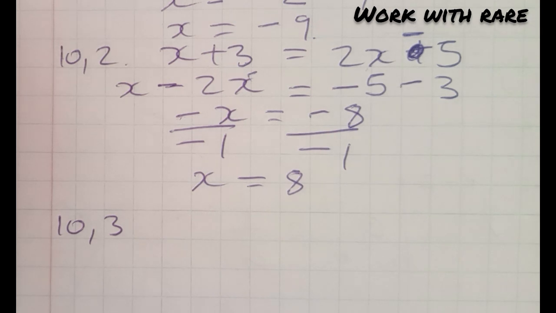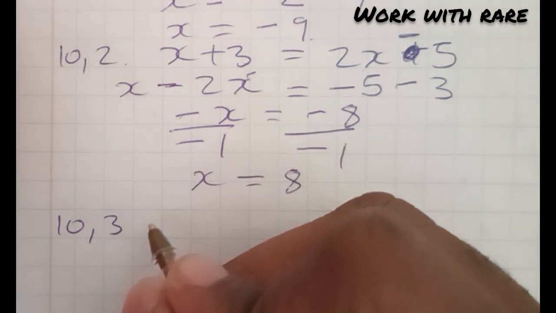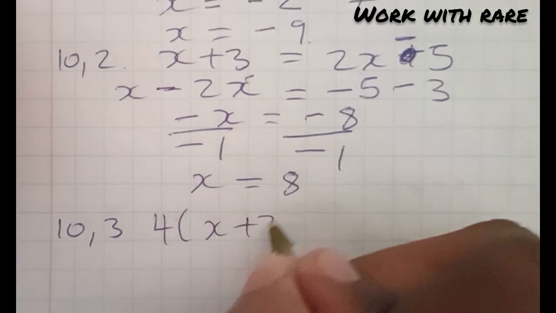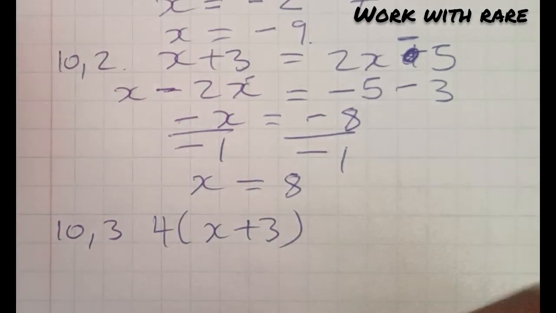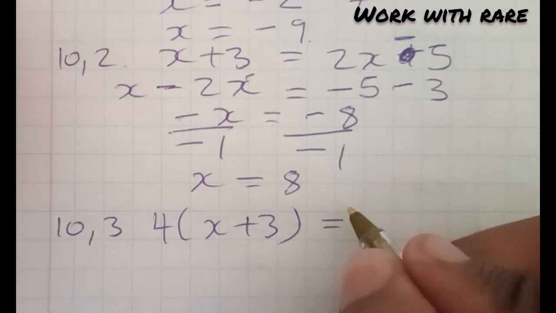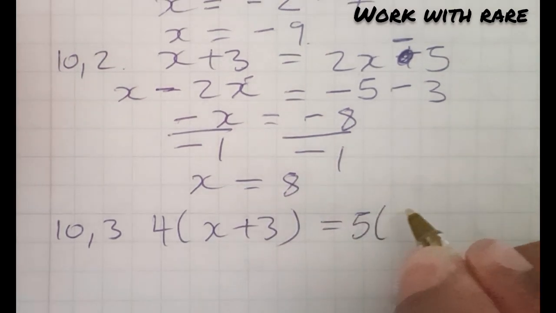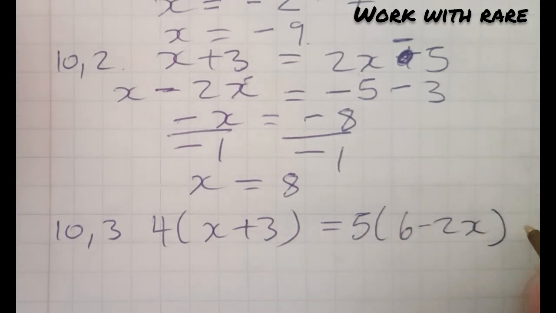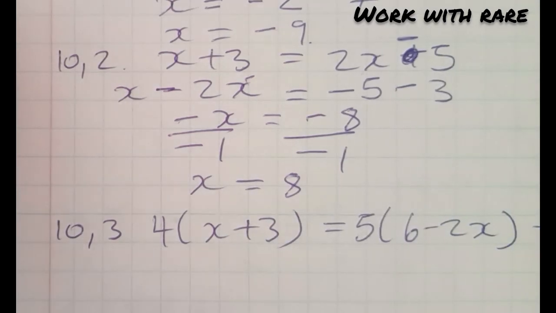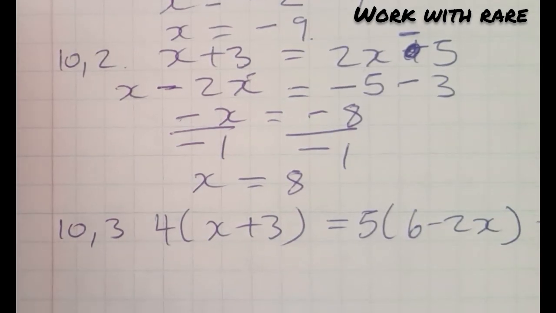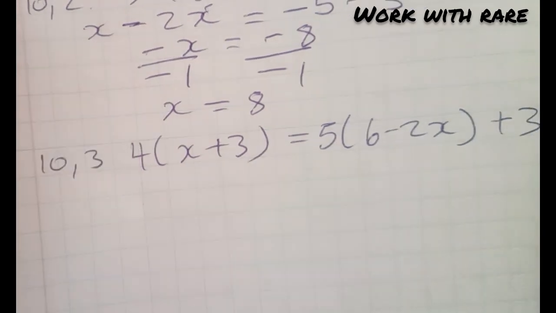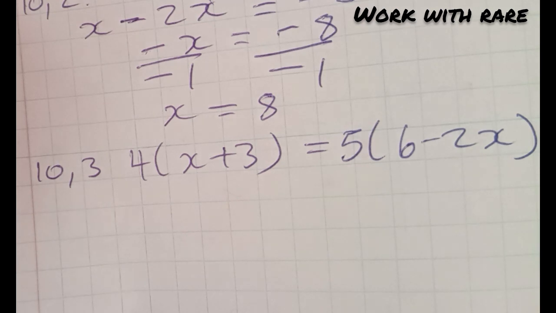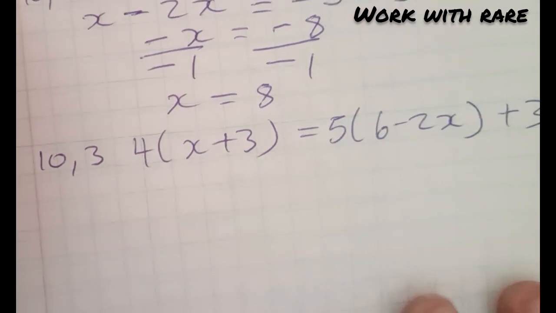So 10.3 says, remember, we are solving for x. We have this bracket. 5, now I open a bracket. 6 minus 2x plus 3. Okay, now when you get this type of equation, let me fix my paper.